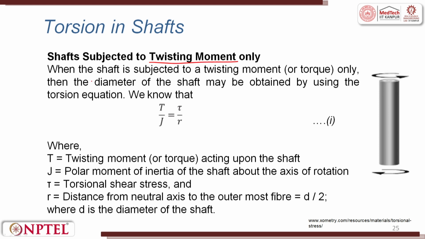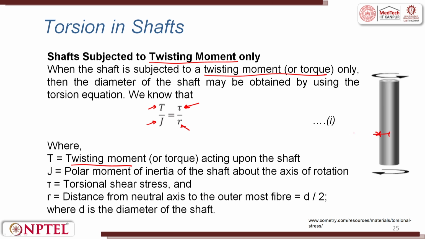When the shaft is subjected to a twisting movement or torque only, then the diameter of the shaft may be obtained by using the torsion equation, which we know, T by J is equal to tau by R, where T is the twisting movement or torque acting upon the shaft, J is the polar moment of inertia of the shaft about the axis of rotation, tau is the torsional shear stress and R is the distance from the neutral axis to the outermost fiber.